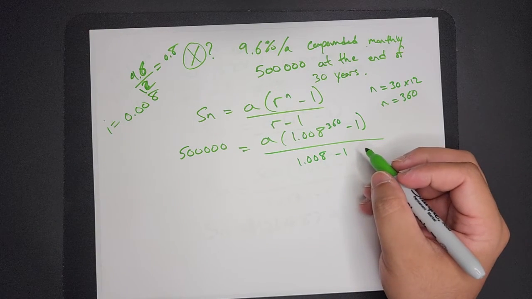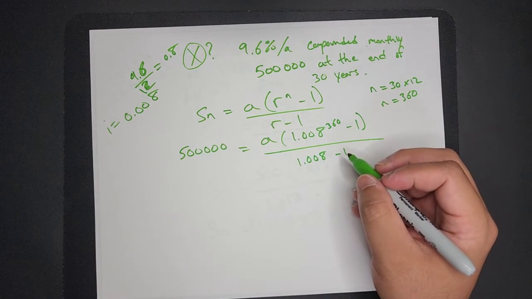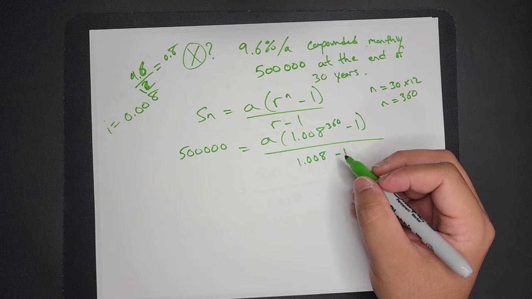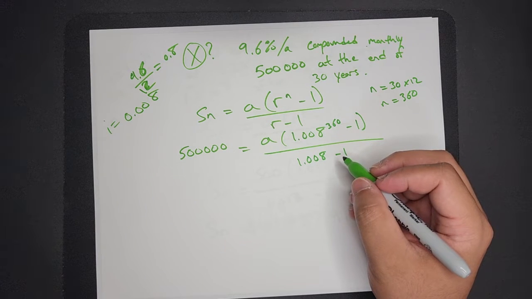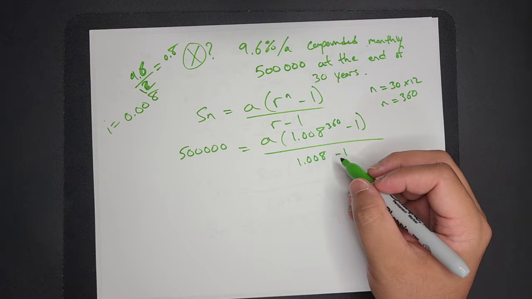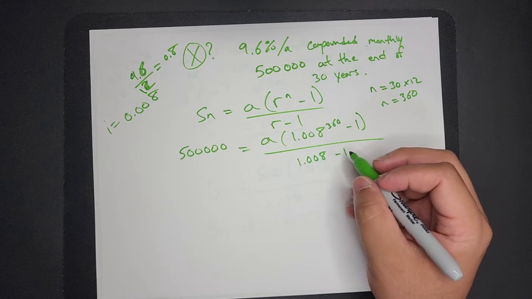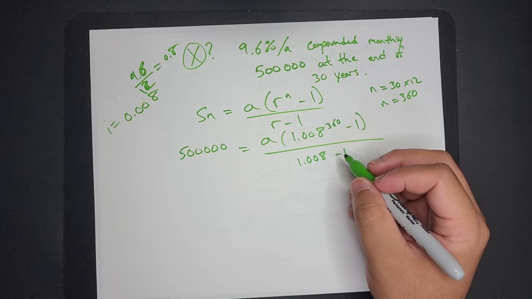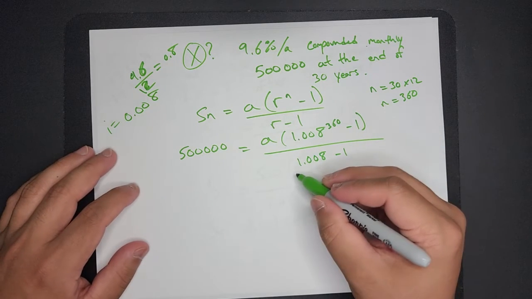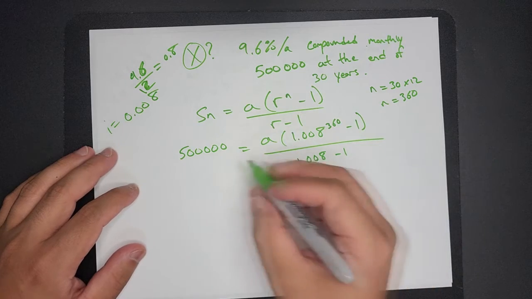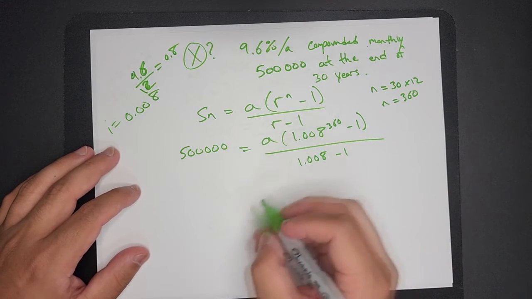So, if I calculate this correctly, I'll just cross multiply.